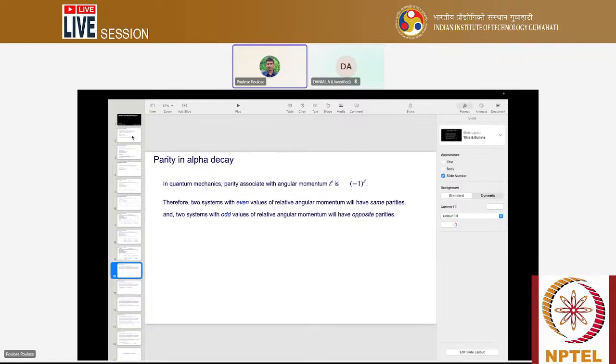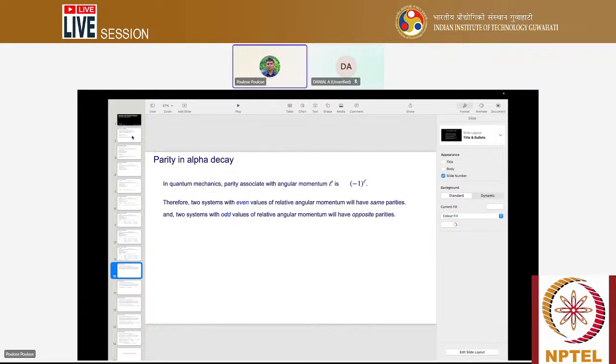There's a symmetry between these two systems. This is called the parity symmetry. So we will say that parity is something which has to be conserved, which should not be different.